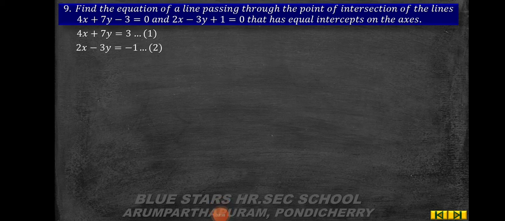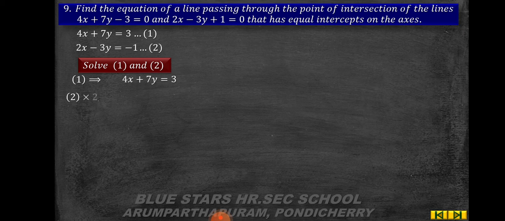So we are taking the two given equations as equation 1 and 2. So solve equations 1 and 2. Equation 1 implies 4x + 7y = 3 and equation 2 into 2 implies 4x - 6y = -2. So change the sign.